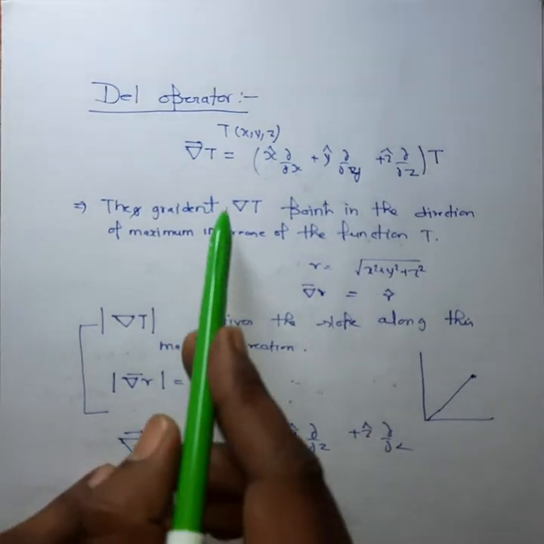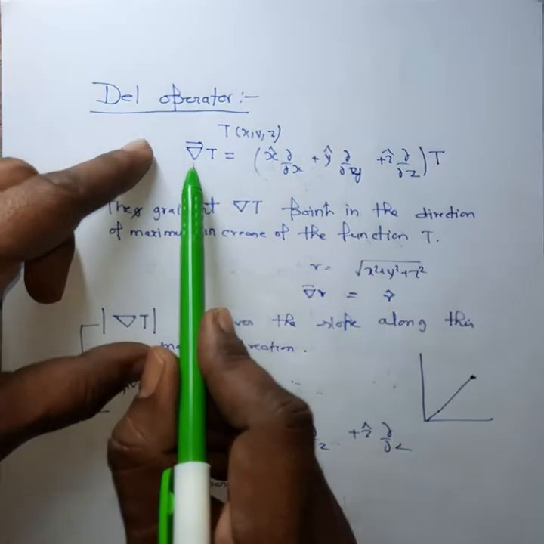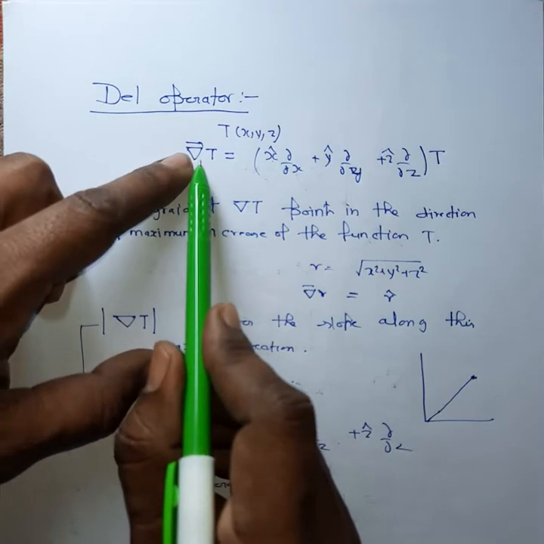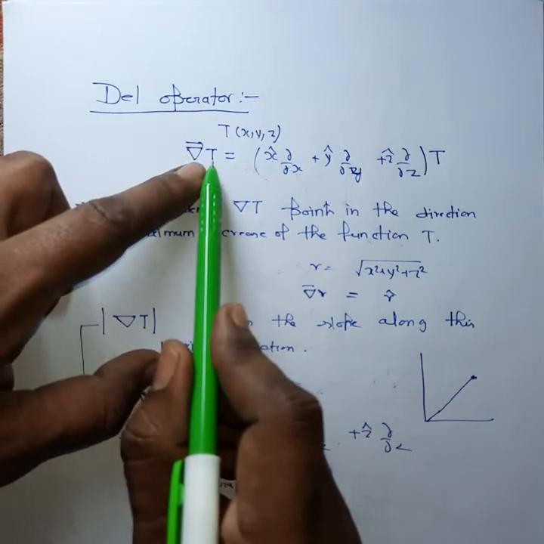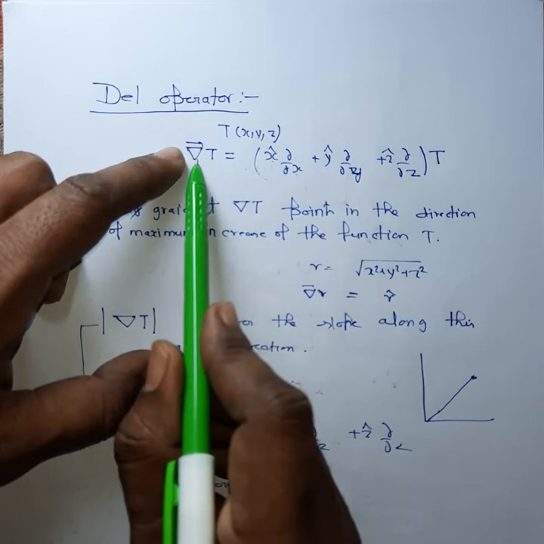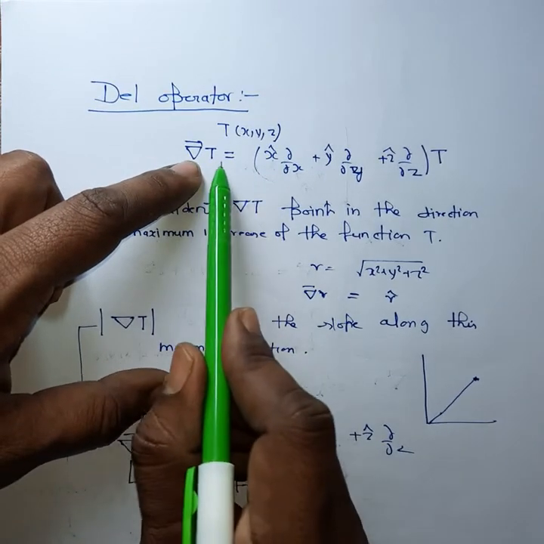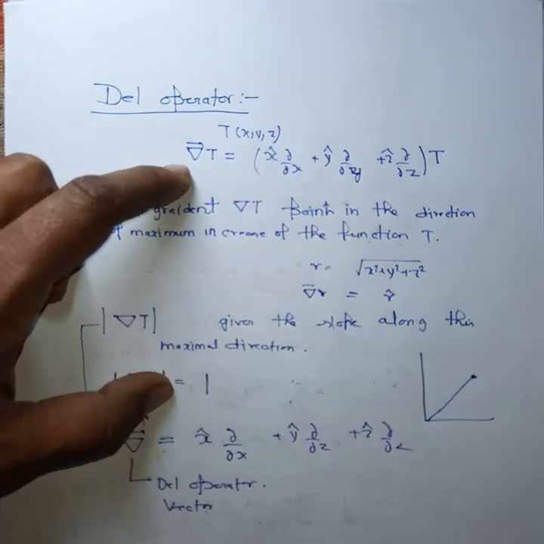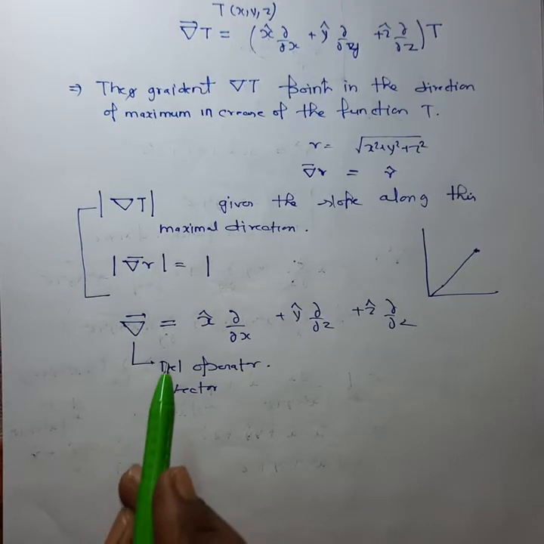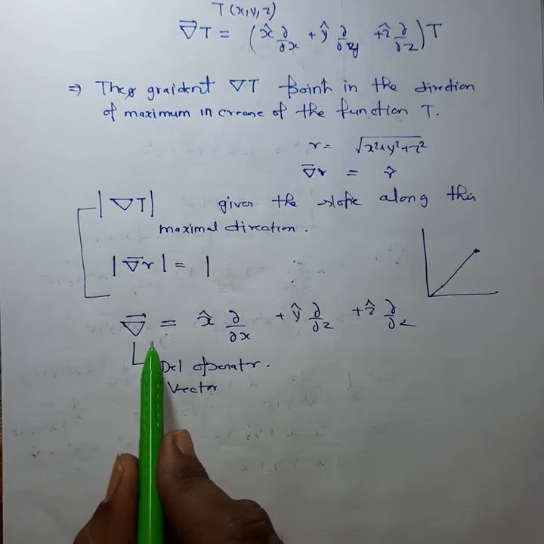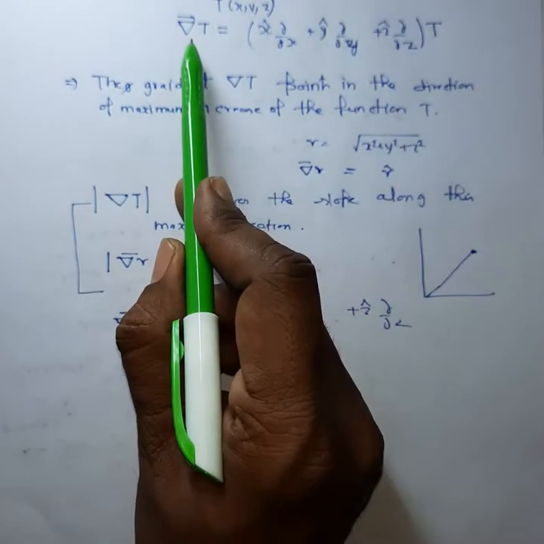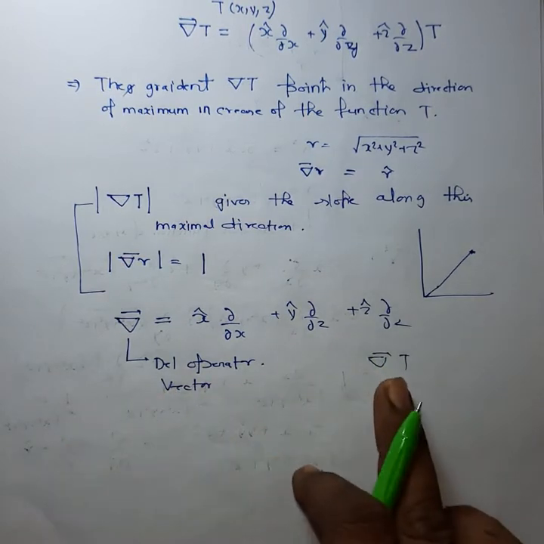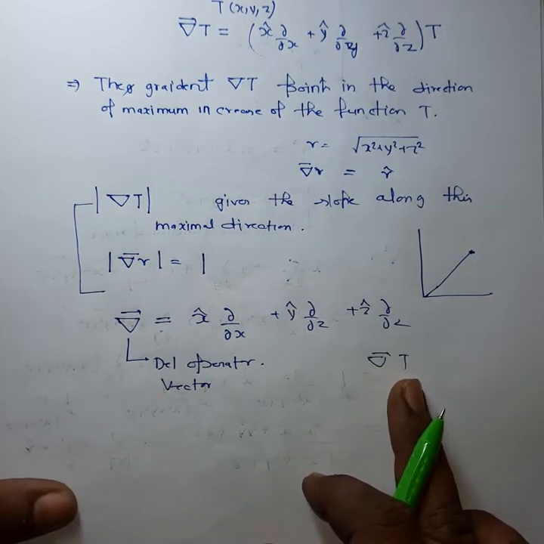So here del is operated on t. It does not mean that del is a vector multiplied with t, that is not multiplication, because we are taking the vector derivative of this function t. So let me repeat it again. Del is a vector that operates. So here gradient of t means del is a vector that operates on some scalar function t.